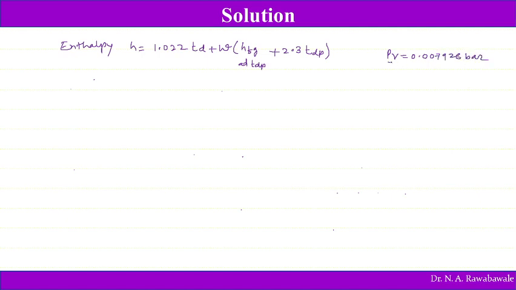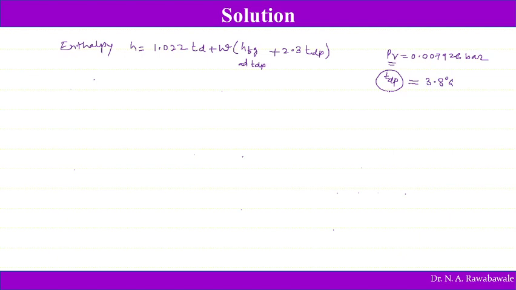Corresponding to this vapor pressure, the temperature is known as dew point temperature. From the steam table we can find the dew point temperature corresponding to this vapor pressure, which is 3.8 degrees Celsius.